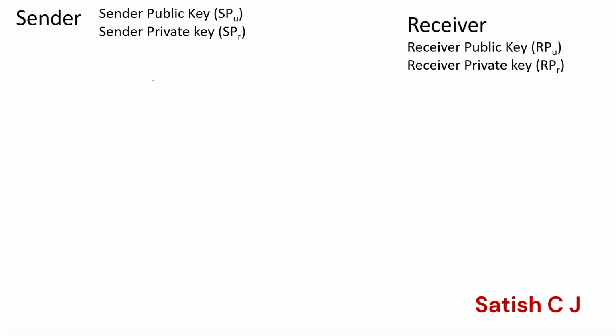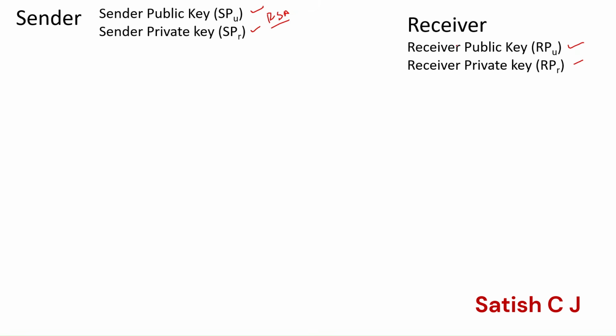The sender is responsible for creating his own public key and private key, and he can use an algorithm like RSA for this purpose. The receiver is also responsible for creating his own public and private keys, and both the sender and receiver should validate each other's public keys. So it is the responsibility of the sender and receiver here.